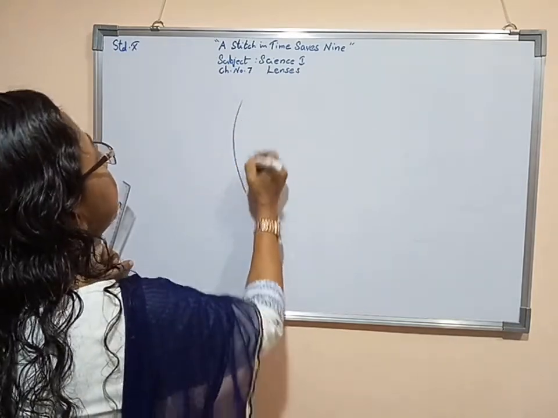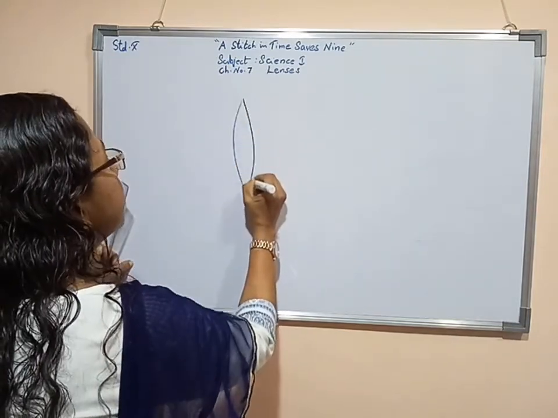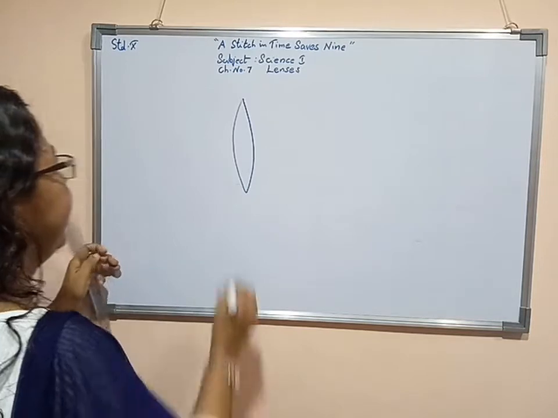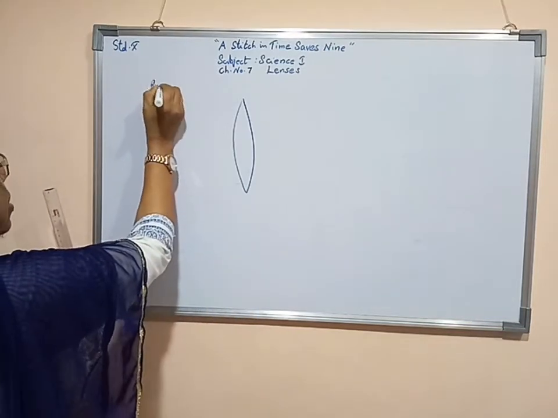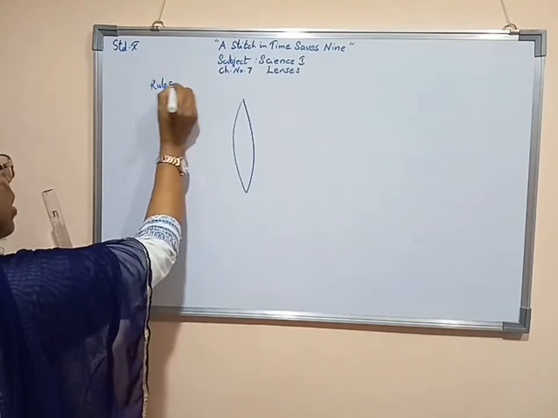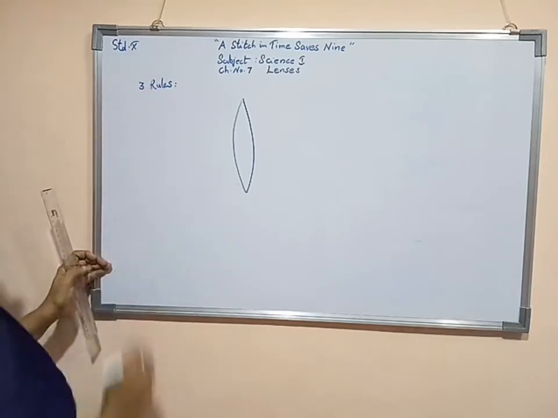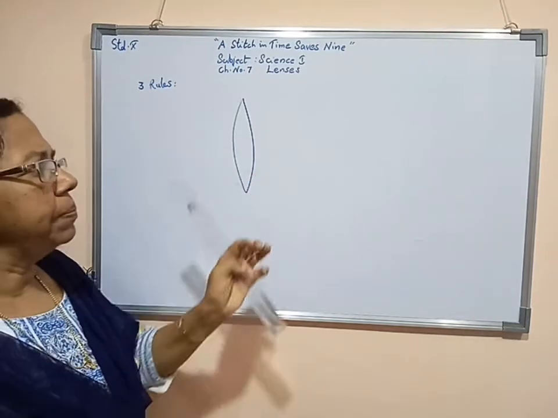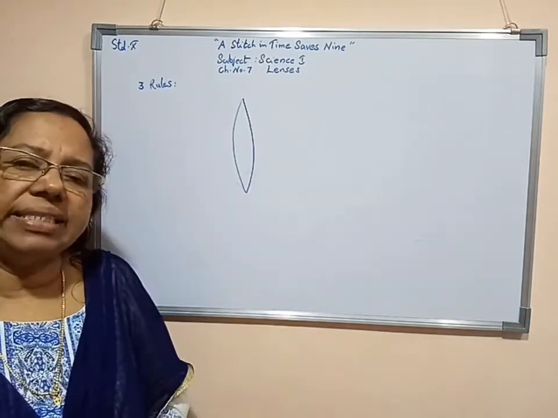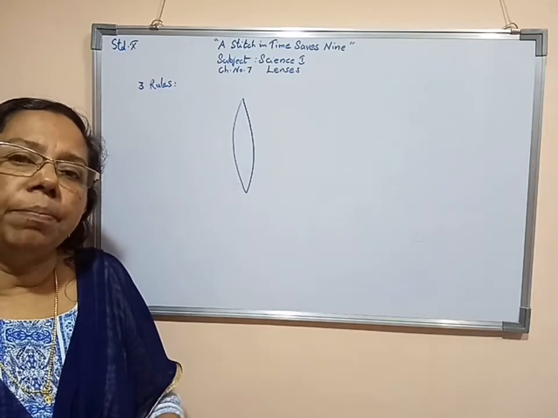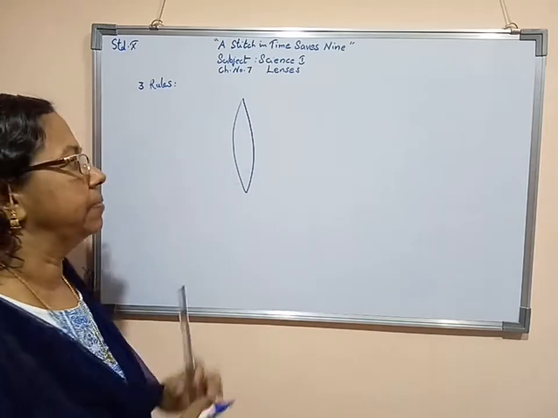There are 3 rules for drawing ray diagrams by using a convex lens as well as a concave lens.